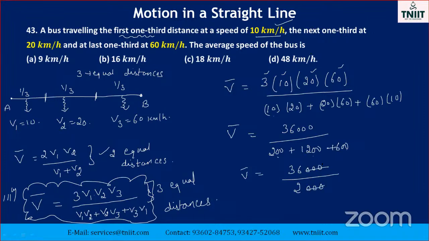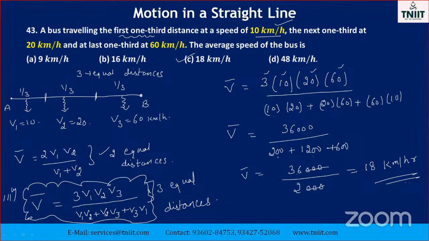So three zeros will get cancelled out. V bar will be equal to 36 by 2, which is 18 kilometer per hour. So what is the average speed? 18 kilometer per hour. That is option C, the right answer.